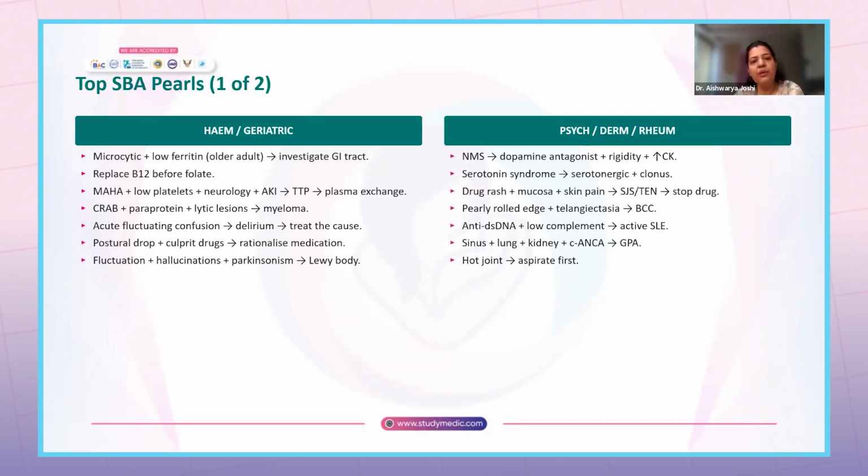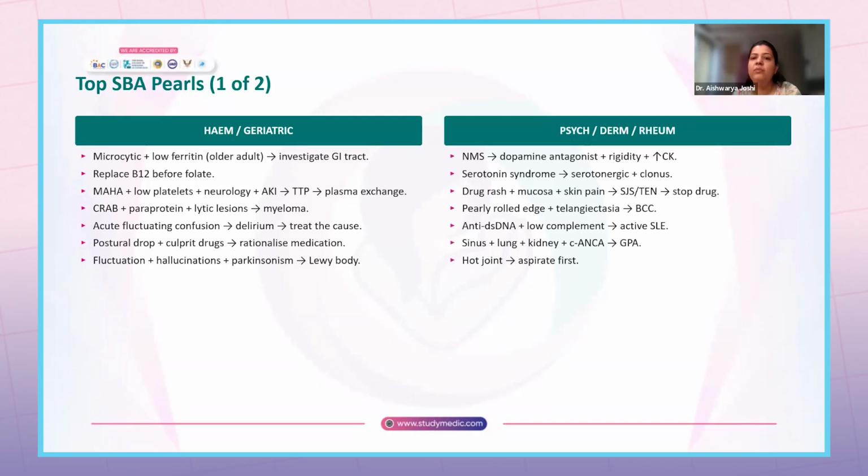CRAB with paraprotein and lytic lesion indicates myeloma. Acute fluctuating confusion indicates delirium and you treat the cause. Postural drop with culprit drugs, rationalize polypharmacy. Fluctuation of cognition, hallucination, parkinsonism indicates Lewy body dementia.